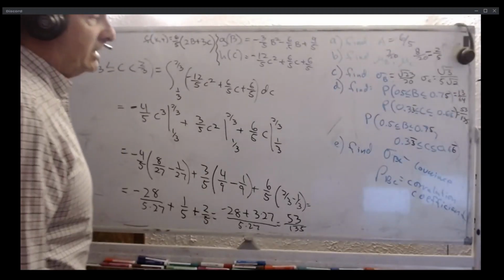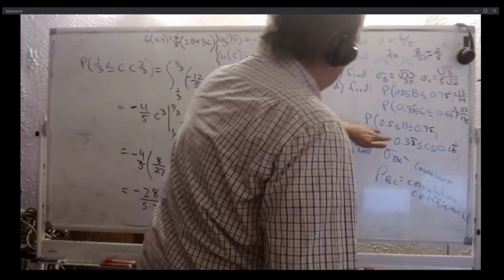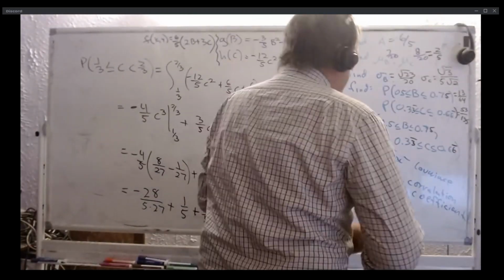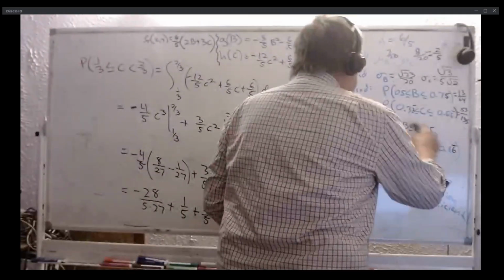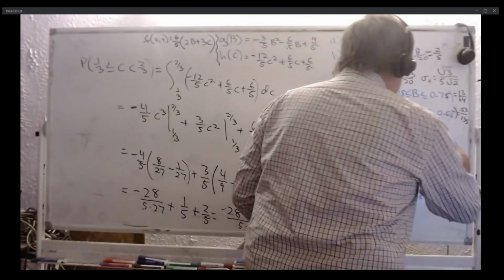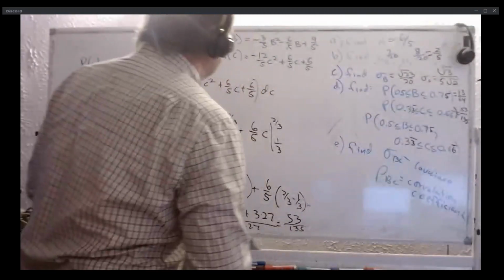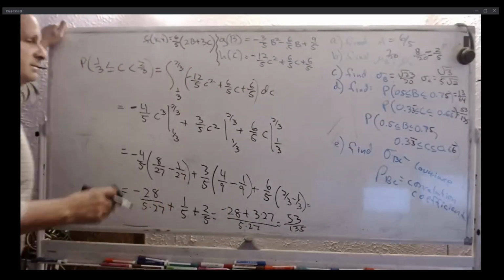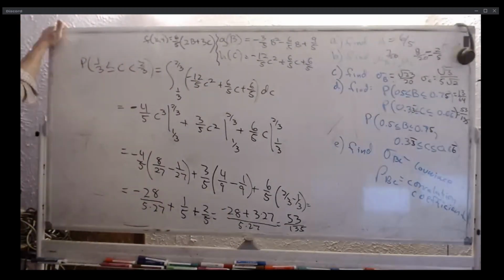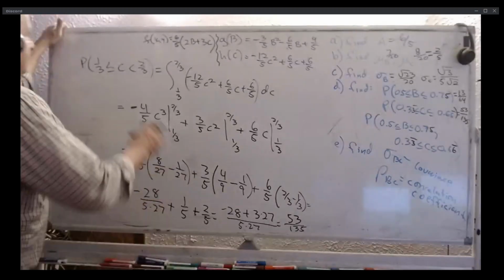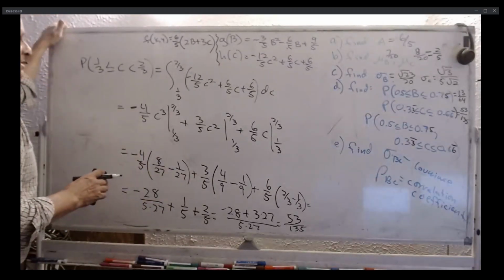Now, how do we combine them? How do we find the probability that not only is B between the 2 bounds, but C is also between its 2 bounds? How do we do that? Do we do a double integral on the original equation? That's exactly what we do.